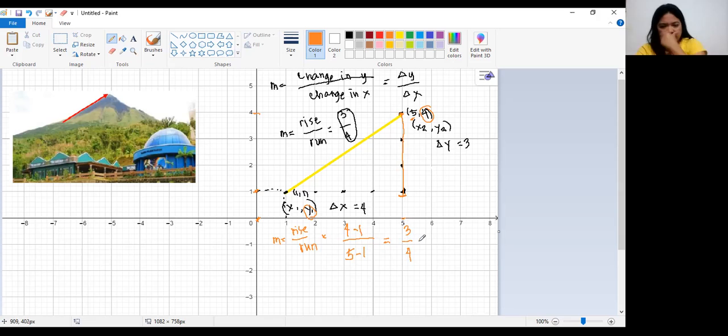That's why you come to a formula y sub 2 minus y sub 1 over x sub 2 minus x sub 1. Kasi you're looking for this height and your change in x, which is this one.